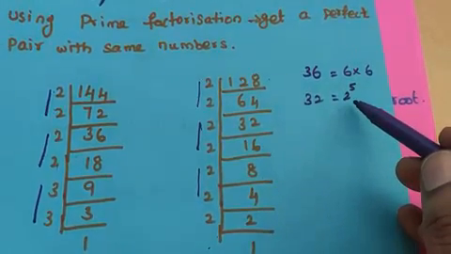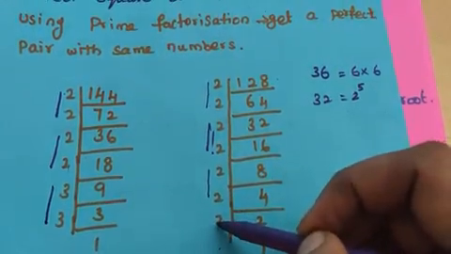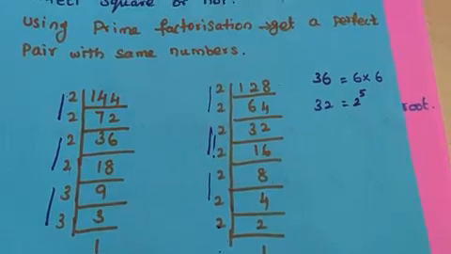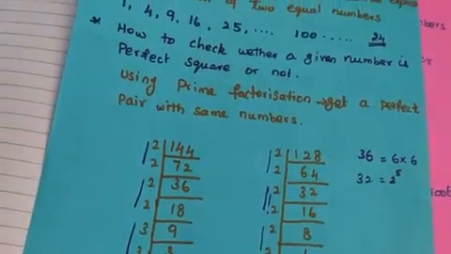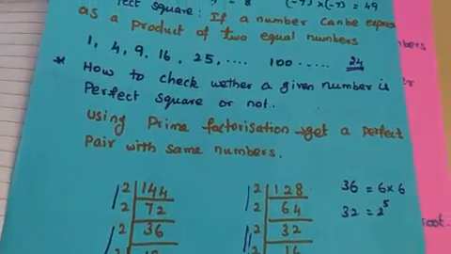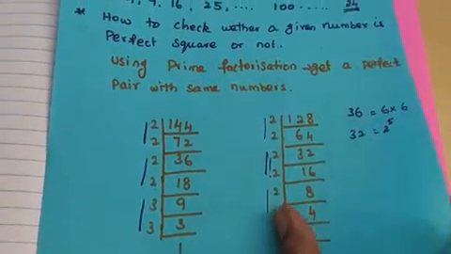So 2 power 5 means it is not an exact pair. This is 1 and 2, and 1 and 2 do not have a pair. So this is not a perfect square number. I hope you are clear about what a perfect square is. We can verify it by the prime factorization method also.